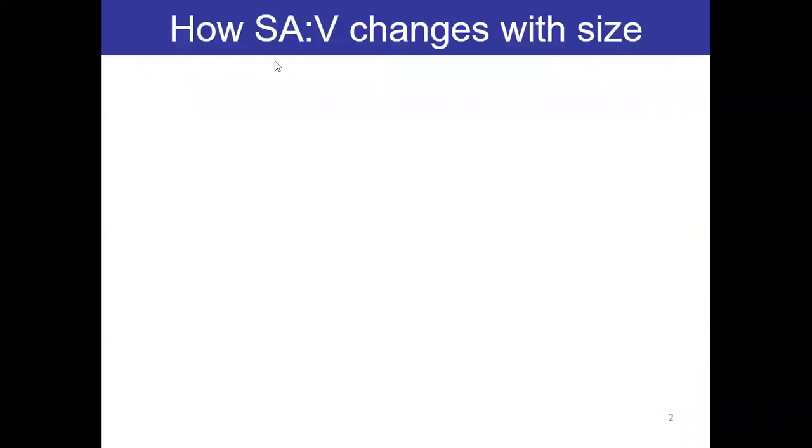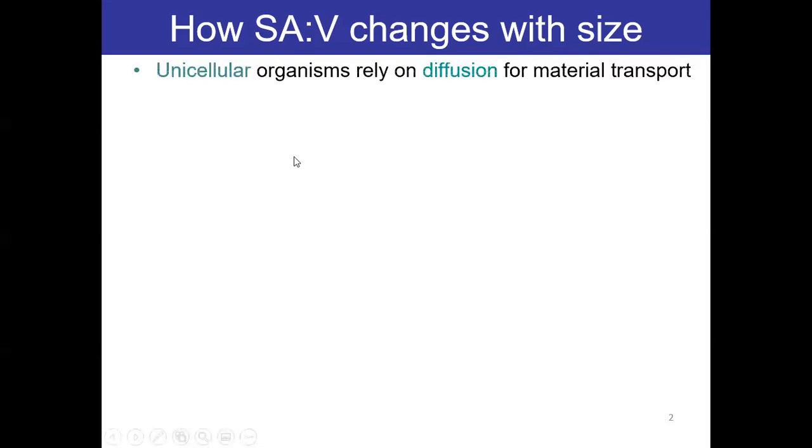Okay, so how surface area to volume ratio changes with the size of the organism. Now, if you talk about a unicellular organism, it means an organism that's made up of one cell only. Can you give an example? An organism that's made up of one cell.